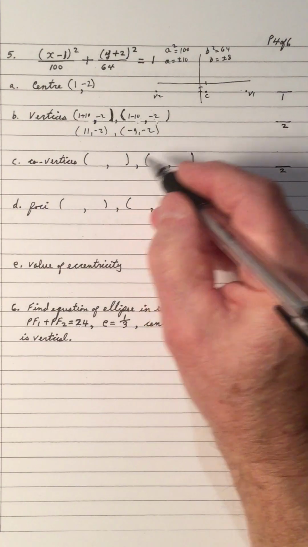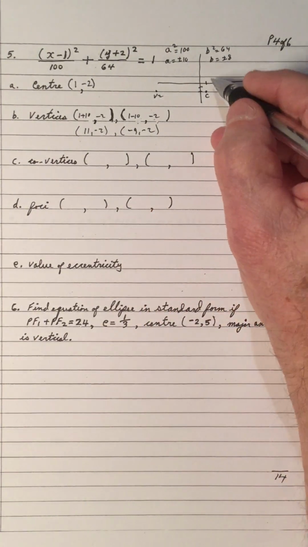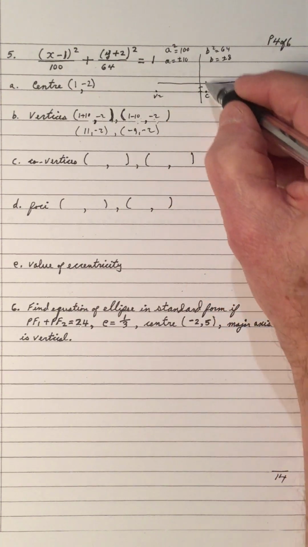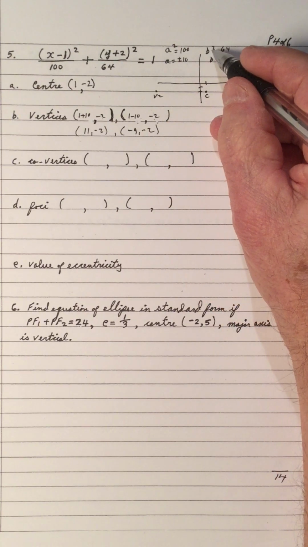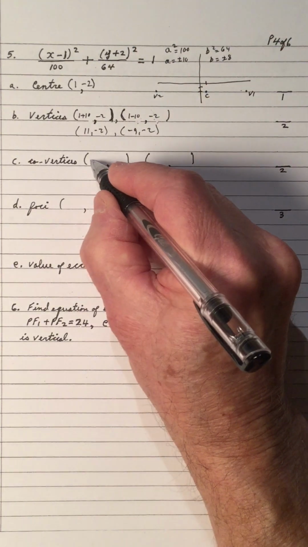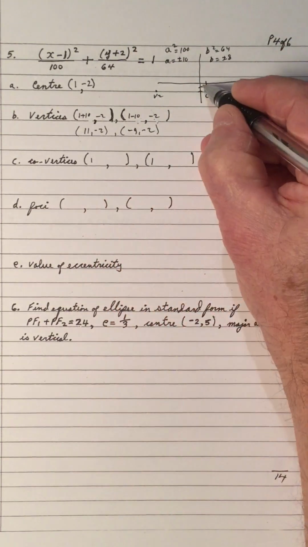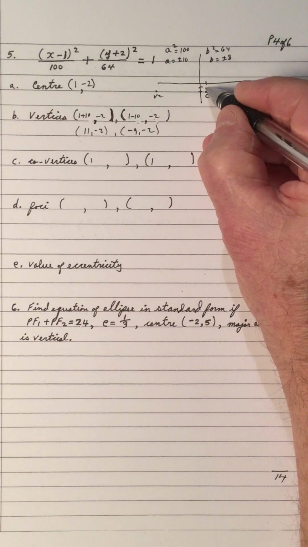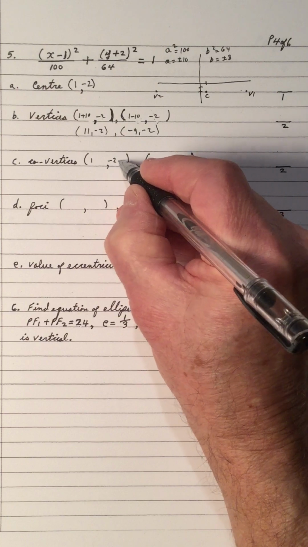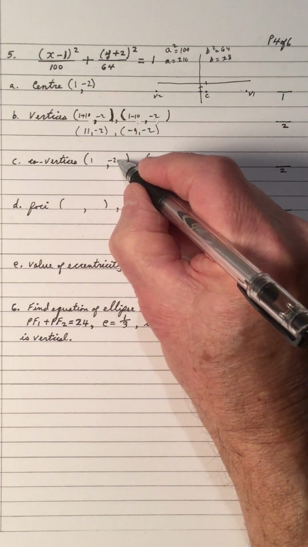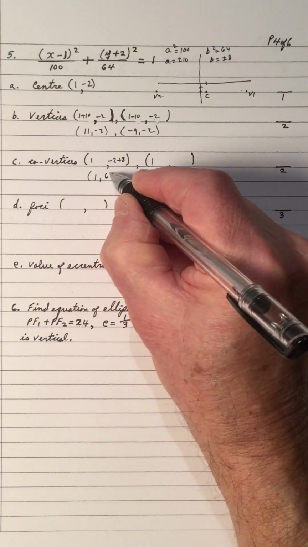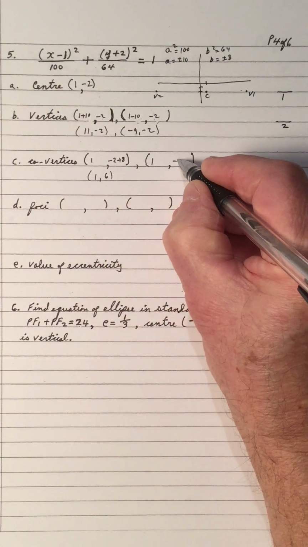And the co-vertices are up and down. So if the major is the horizontal, the vertical is the minor. So we will go 8. So b is 8, and we add on to the y value. So the y value is negative 2, and we're adding on 8, so that's (1, 6). And we're subtracting 8.